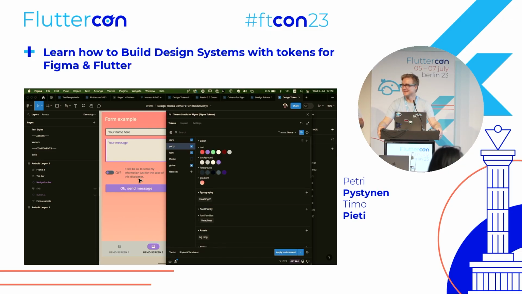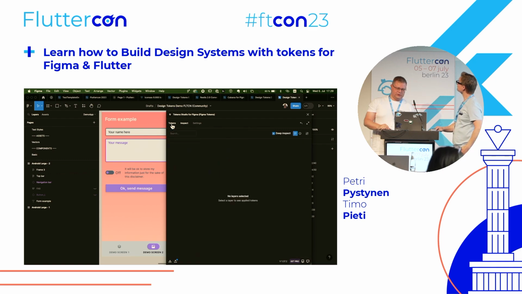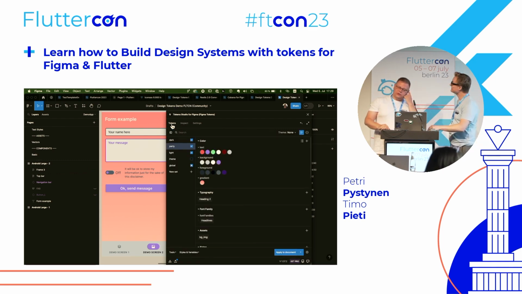One thing, there was a question about where to inspect stuff. One thing about tokens, Token Studio and Figma is that you have to decide what the source of truth is. At the moment, I guess our source of truth is Token Studio. And you cannot have Figma as a parallel.